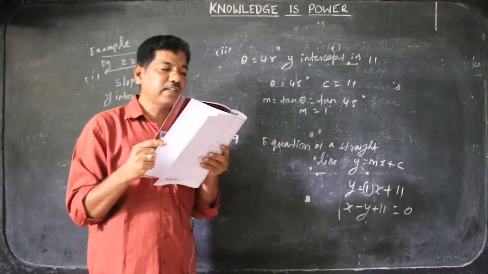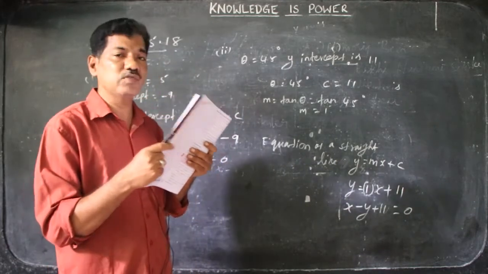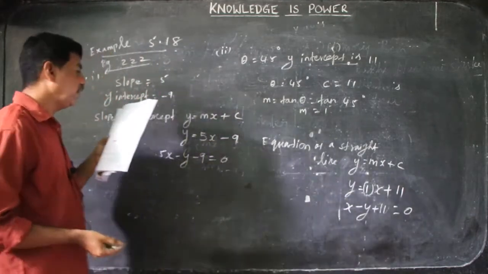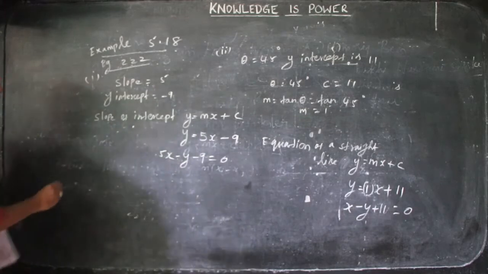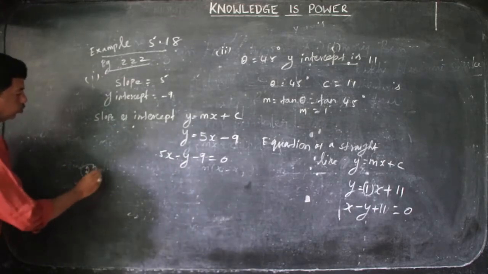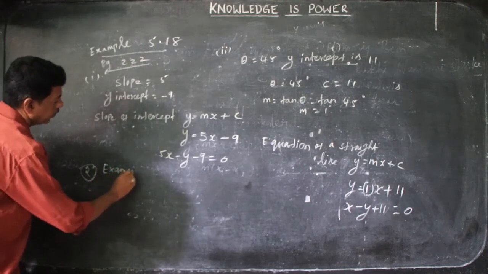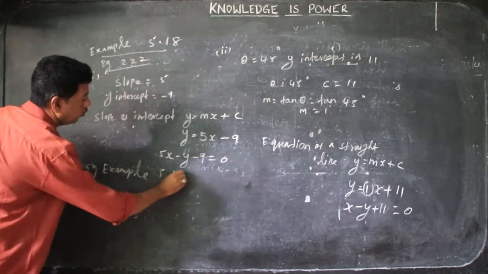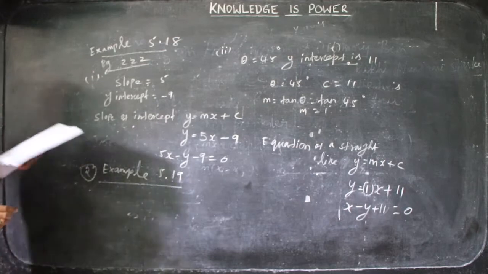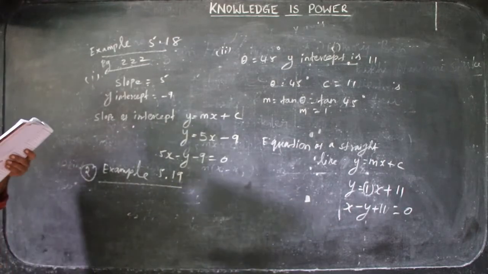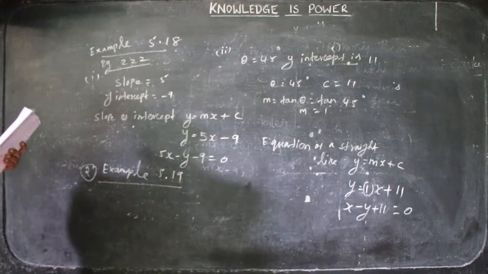5.19. Calculate the slope and y intercept of the straight line. This is a very important question, question number 2 example, 5.19. This will be asked for 2 marks. Listen carefully.